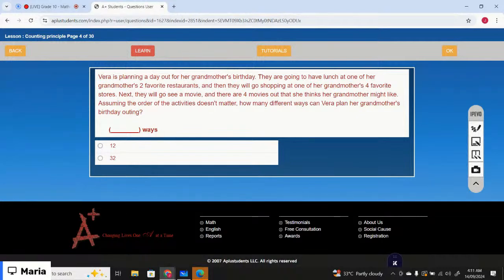Option number two is the correct option. That is 32 ways.